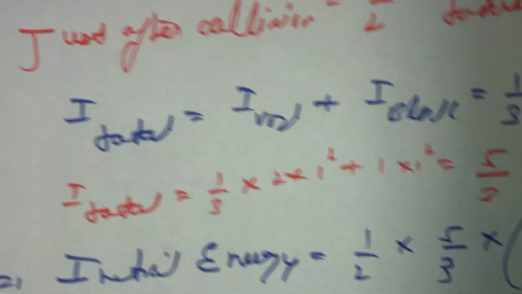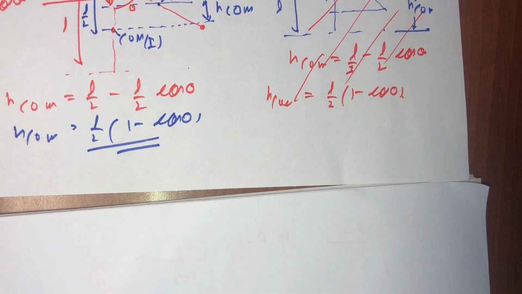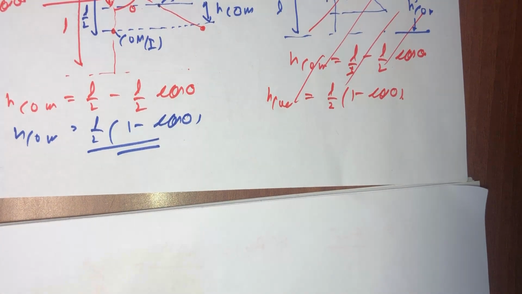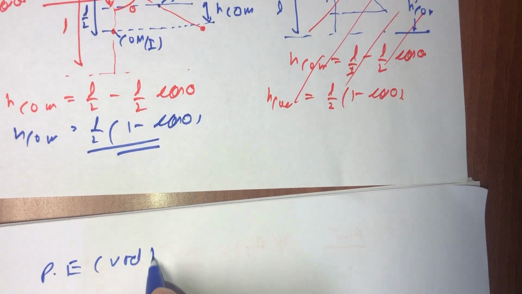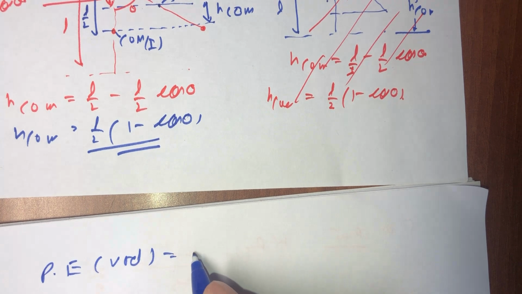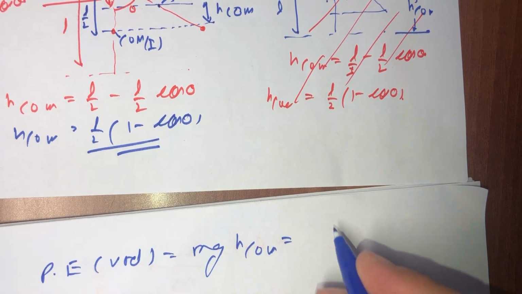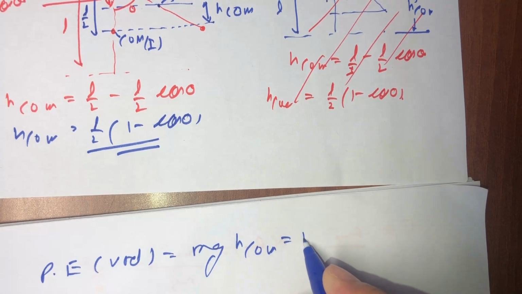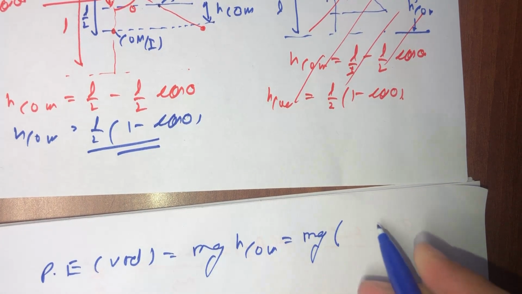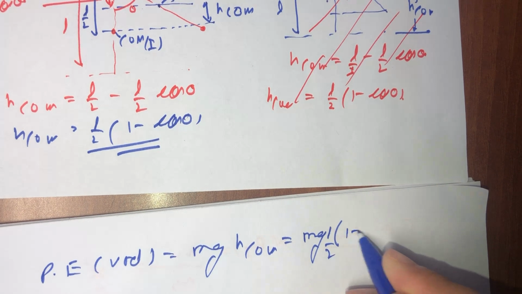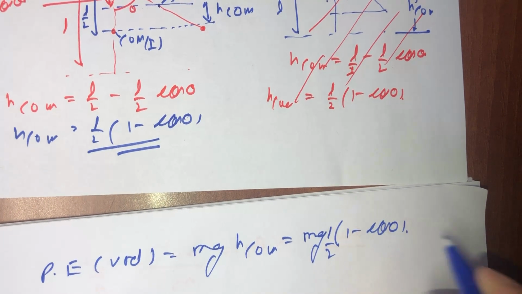Therefore, we can say the potential energy of the rod will be equal to mg h center of mass, which is mg L by 2 times 1 minus cos of theta.